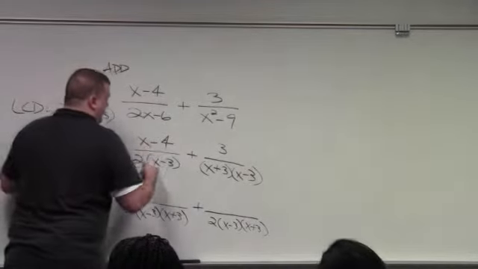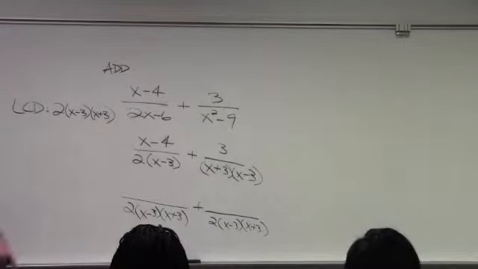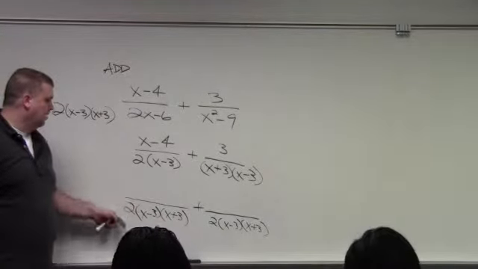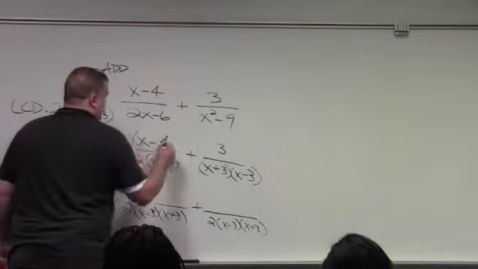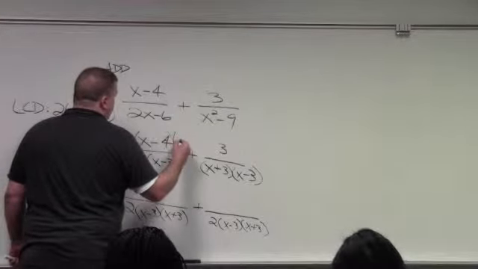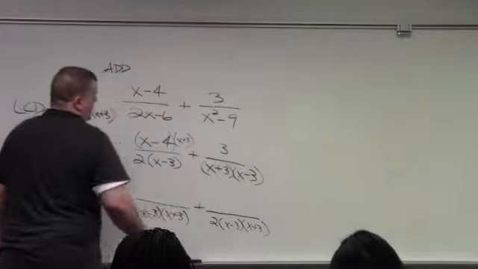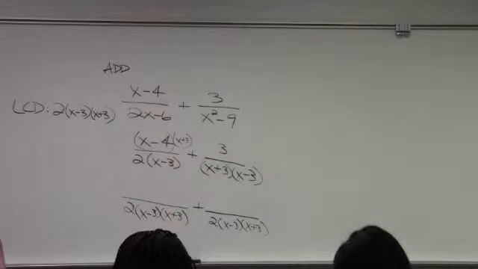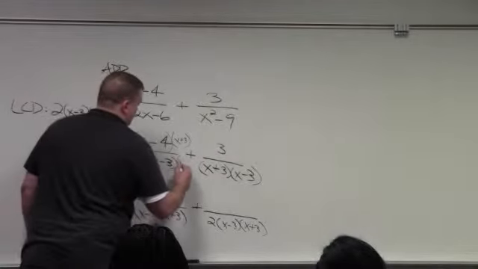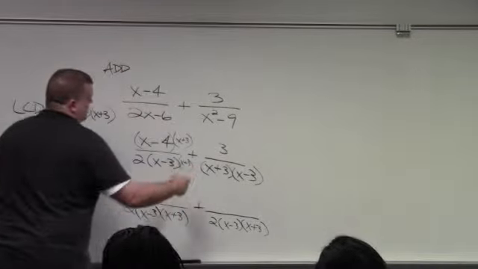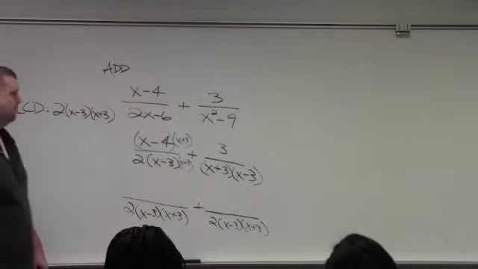So if I'm looking at this x minus 4, what is that missing compared to the LCD? X plus 3. Now that x minus 4 is a binomial, so you have to put it in parentheses there. If I'm looking at the second fraction, what is that one missing? Just the 2.